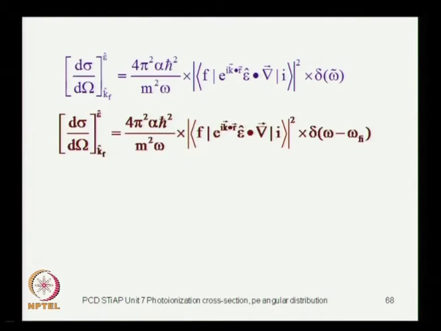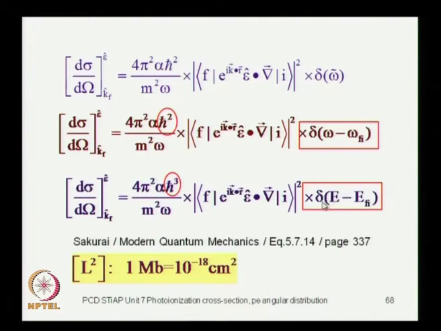Now, here this omega tilde is the difference between these two frequencies. Now, you can write this Dirac delta in terms of the energy difference as well, because this frequency being equal to the resonant frequency is precisely the same as the energy of the electromagnetic radiation being equal to the energy difference between the initial state and the final state.